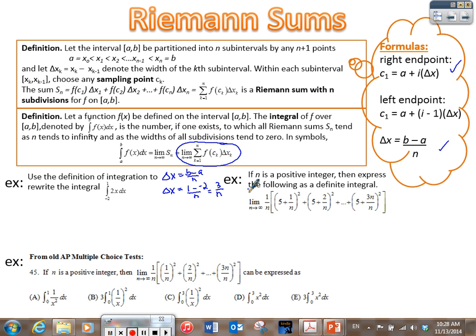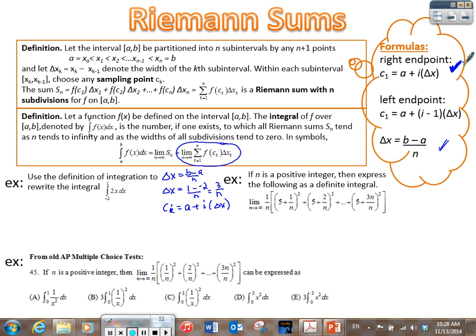The second piece of information we need is here. So we looked at that. Now we're going to go here. It's c1 or ck. Basically, we can call it ck. The formula is a plus i times delta x. Okay, and actually that would be ci because it's i. So it's this formula right here.